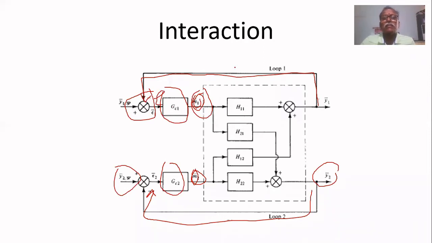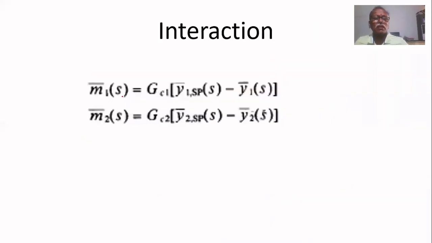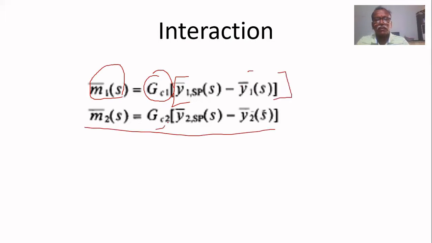This error is y1 set point minus y1. So m1 equals GC1, the controller transfer function, multiplied by the error, y1 set point of s minus y1 of s. Similarly, m2 can be written as controller 2, GC2, multiplied by y2 set point minus y2.